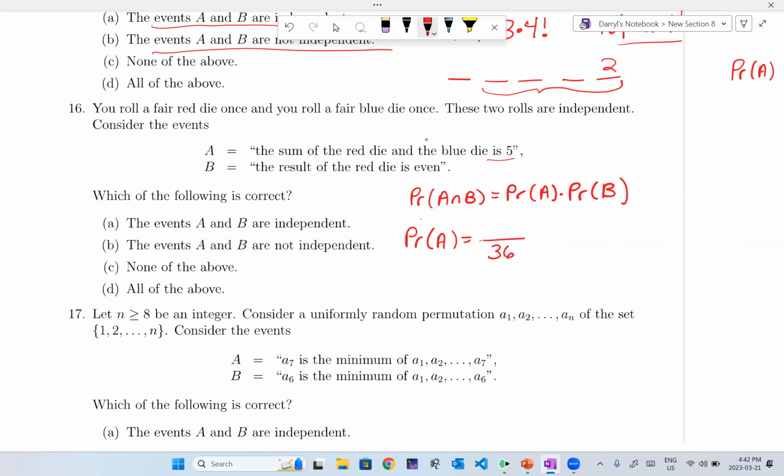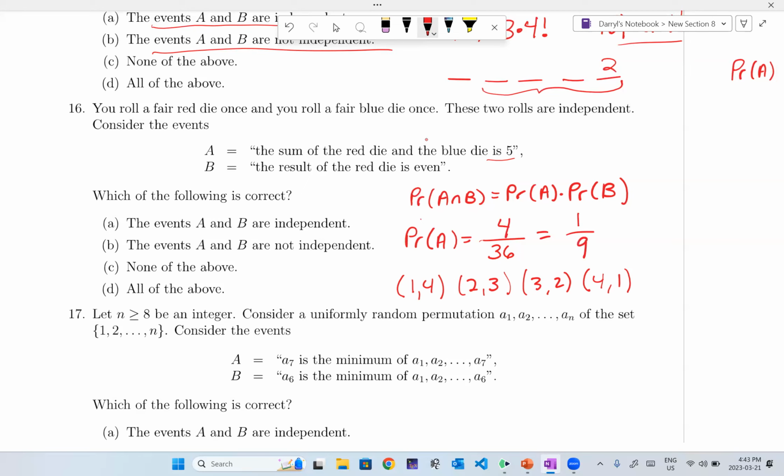Well, I'm just going to list them. 1 and 4 sum to 5, 2 and 3 sum to 5, 3 and 2 sum to 5, and 4 and 1 sum to 5. So there's 4 possible outcomes, if the left is the red and the right is the blue. So this is 1/9.